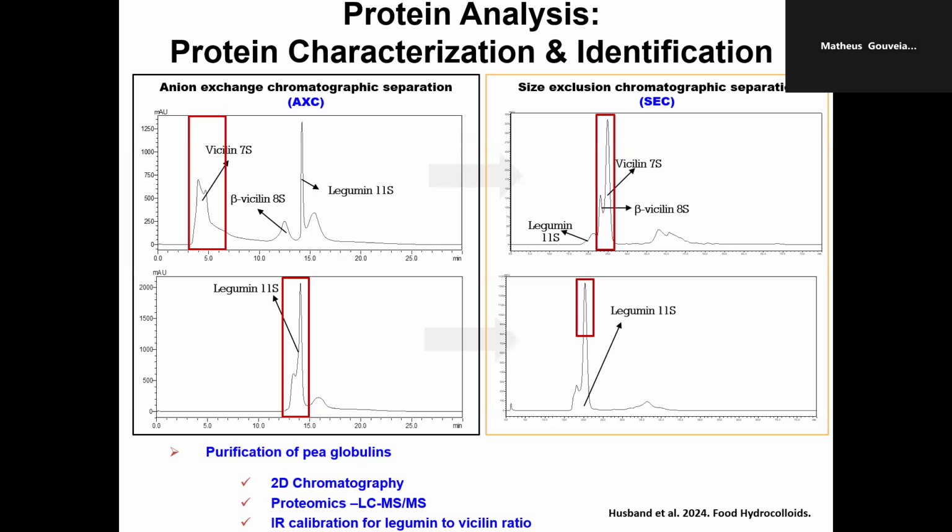The main fractions are legumin and vicilin. So in this case, what we did is a whole process of getting a legumin-rich fraction and a vicilin-rich fraction by salt-based isolation. Then we run anion exchange and size exclusion chromatography to get a legumin fraction and a vicilin fraction.